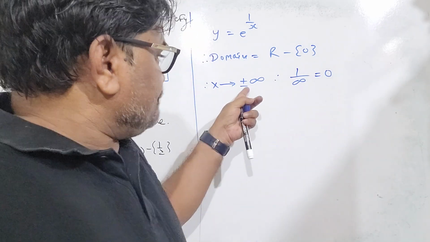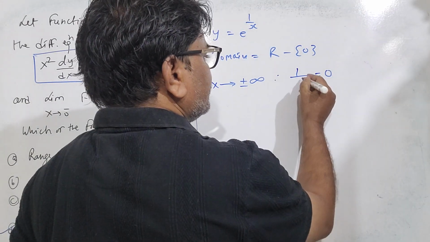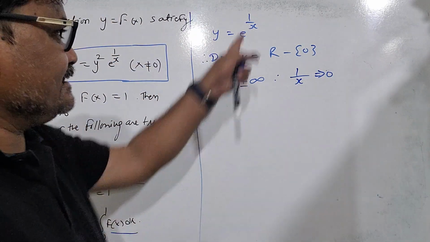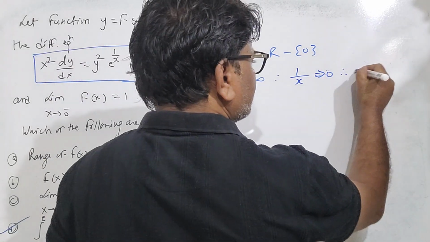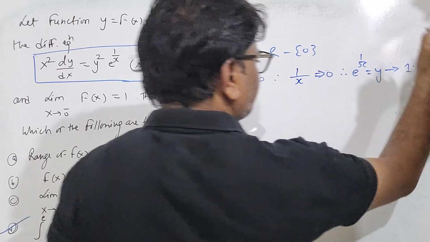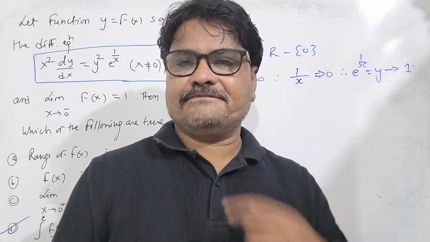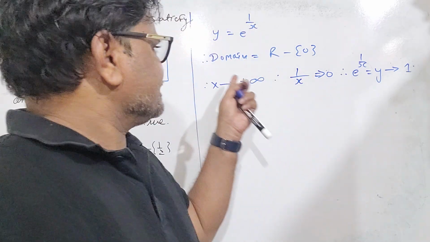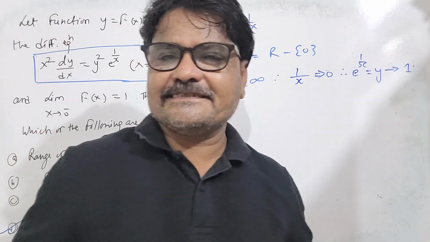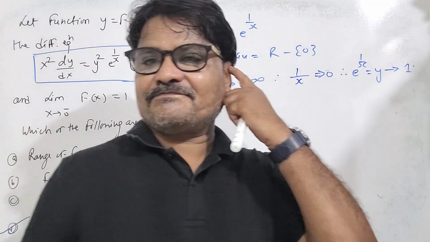So when x is approaching plus and minus infinity, 1/x is approaching 0. Therefore e^(1/x), that is y, is approaching 1. Now you have to understand that it is approaching; it cannot be exactly 1, because x is not exactly becoming infinity, it is approaching infinity. So this y is approaching 1.